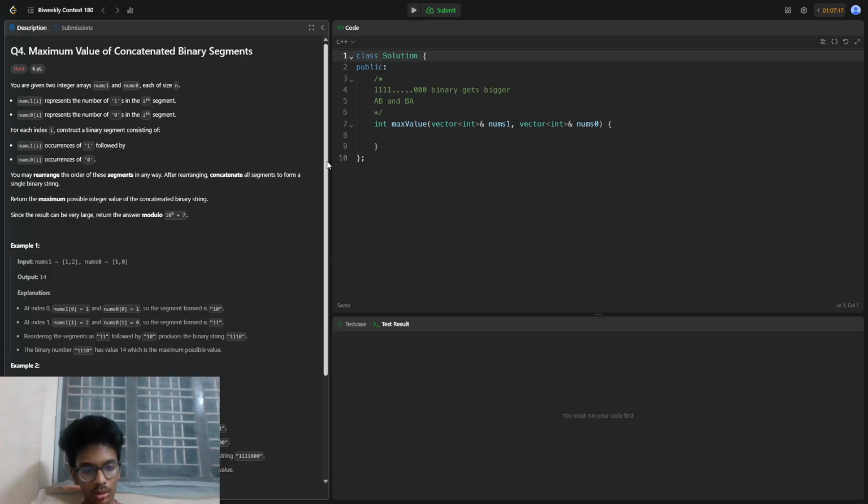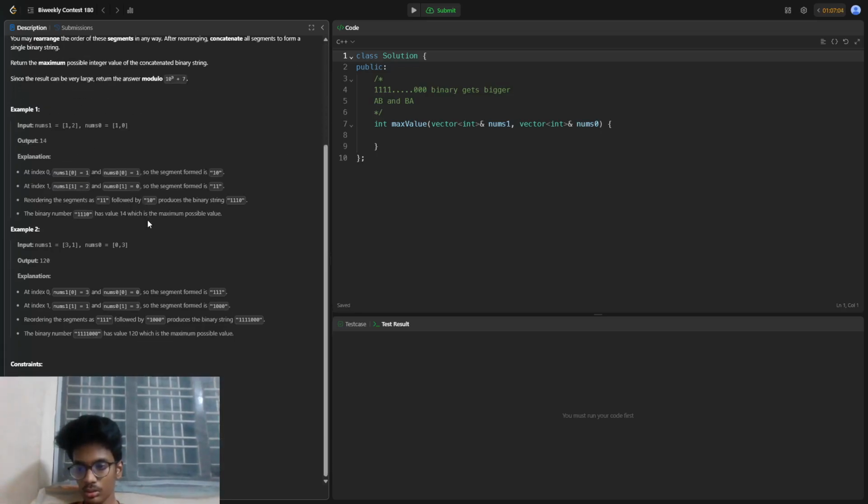So how can we compare AB and BA? Is there any way in which you can do this? Because looking at the constraints, I don't think we can do something out of it.